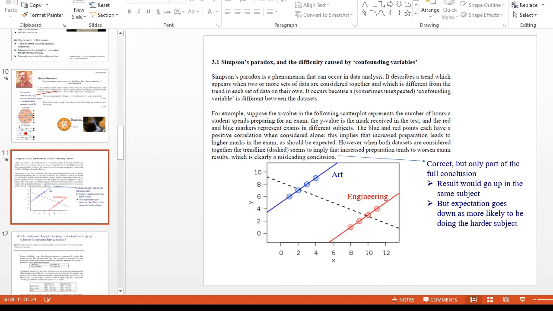Now, the key to understanding what's going on here is that this is correct, but only part of the conclusion, because you've lost some information about a confounding variable.